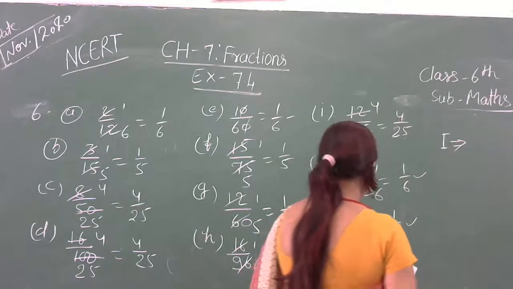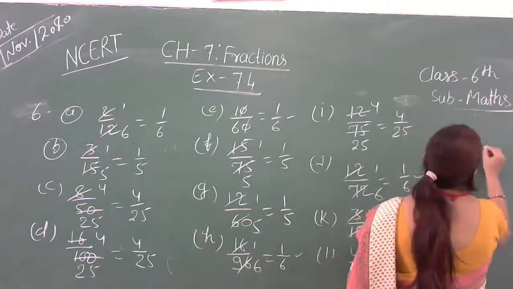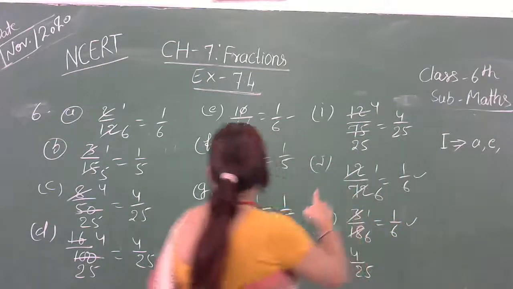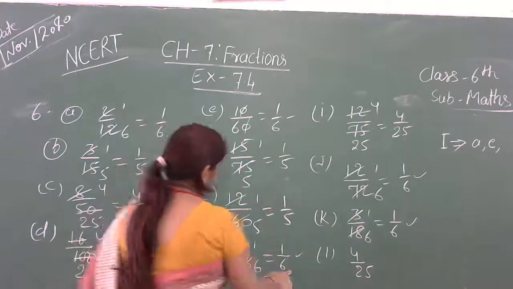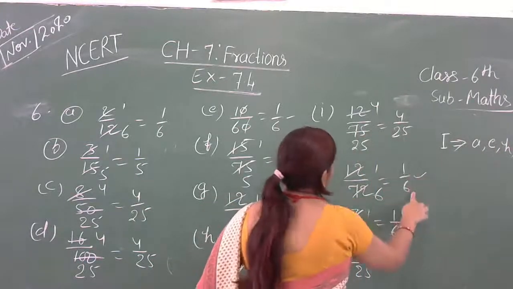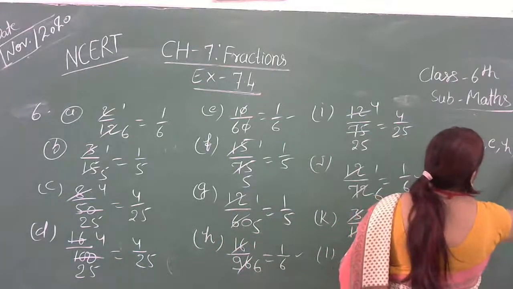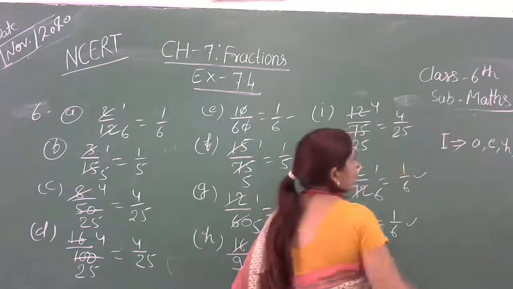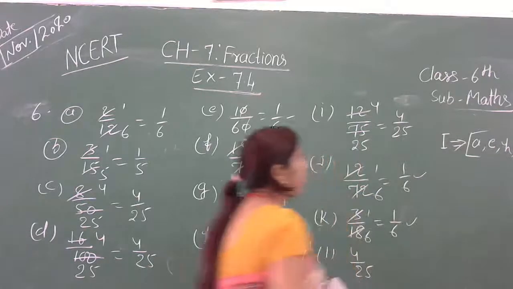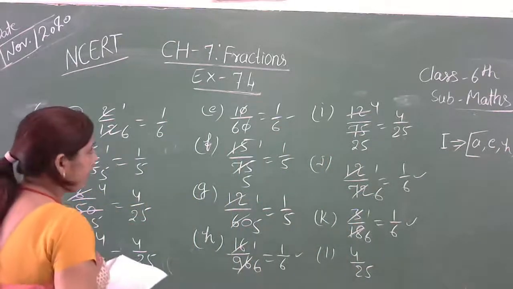You will write A, after that E, and H, and J, K. So this one is the group of equivalent fractions of 1 upon 6, isn't it?